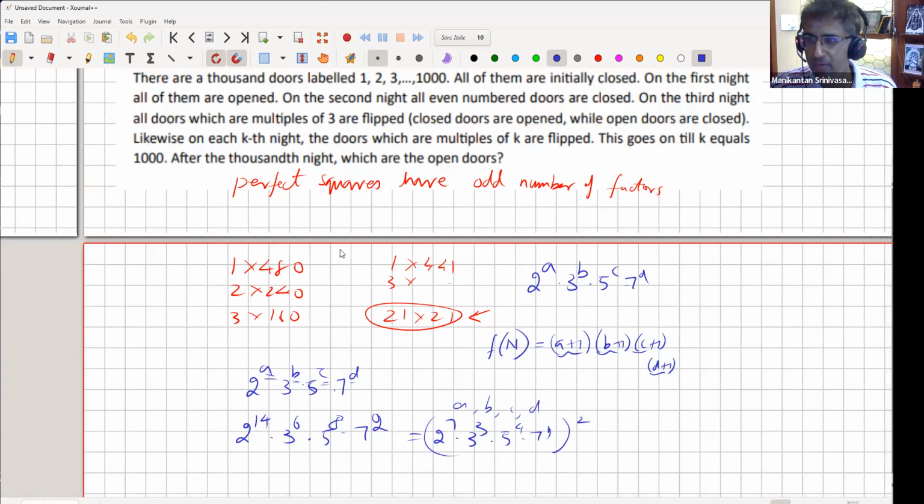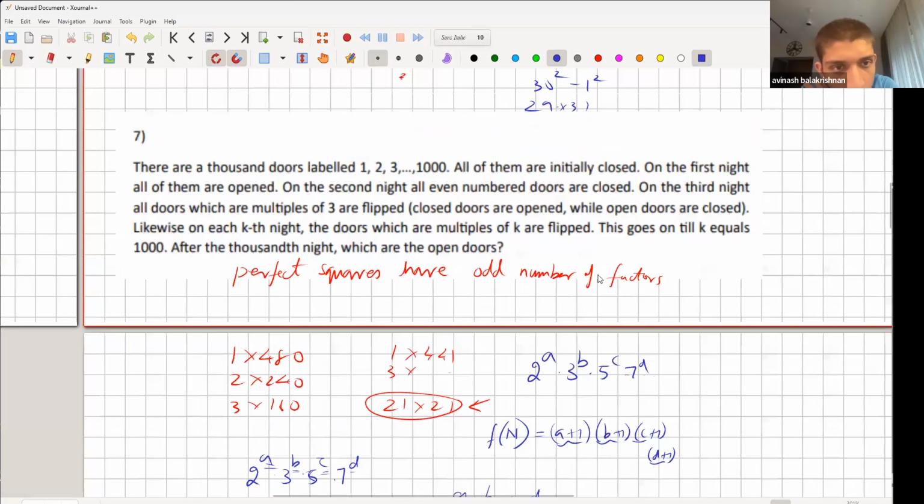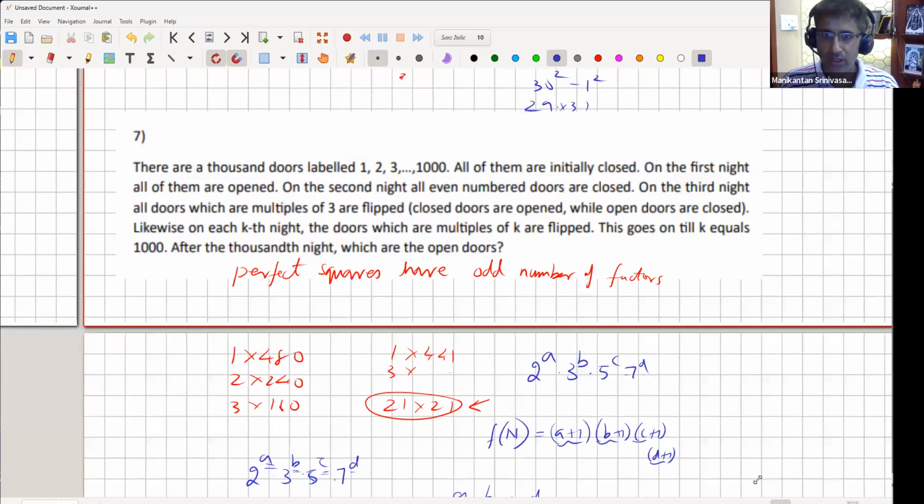Apurva, can you just explain how you got to this odd number of factors? What was the question asking? Okay, the question was there are 100 doors or 1,000 doors, whatever. An operation happens every night, first night, second night, third night, all the way till the 1,000th night.